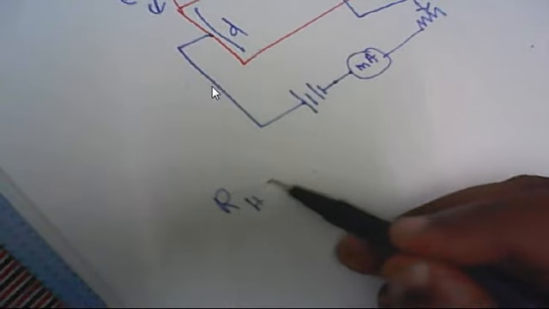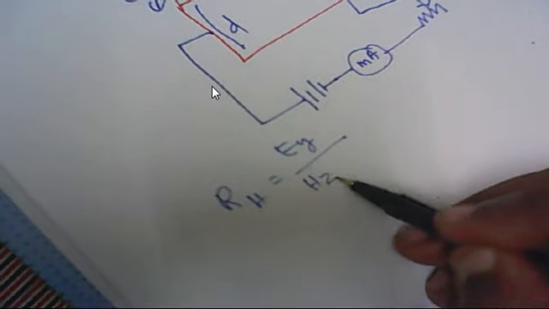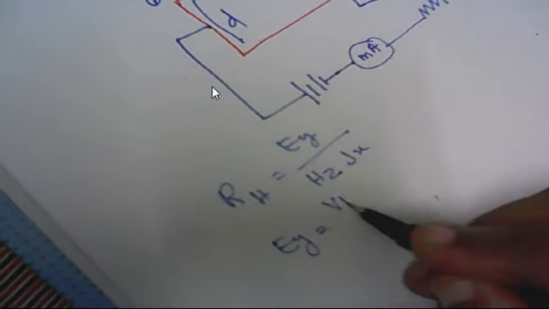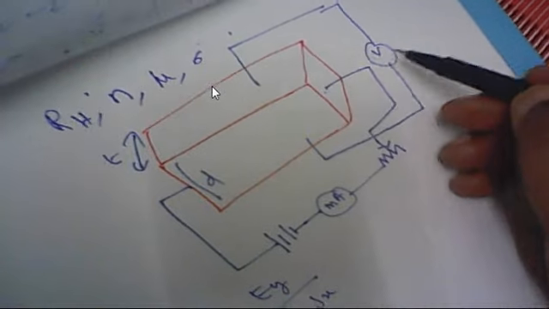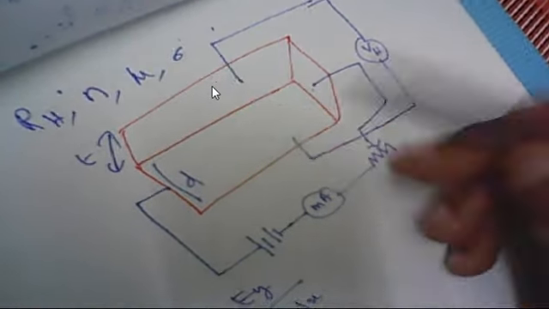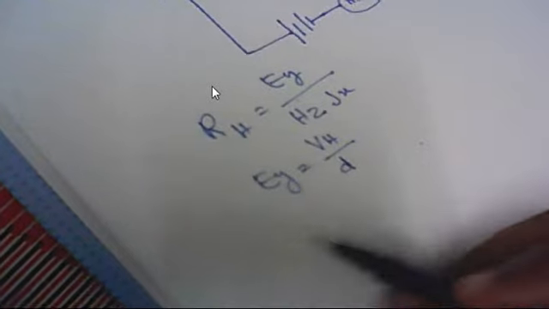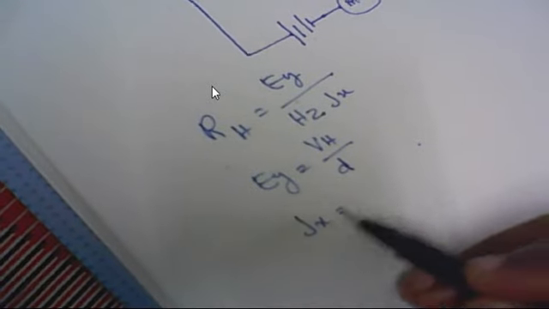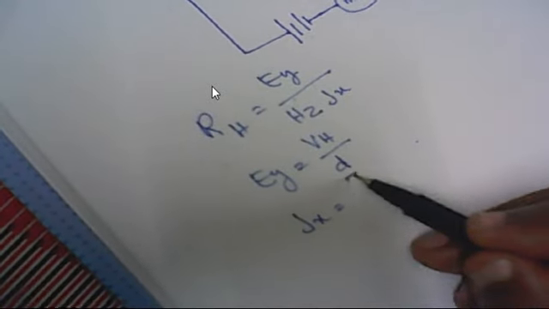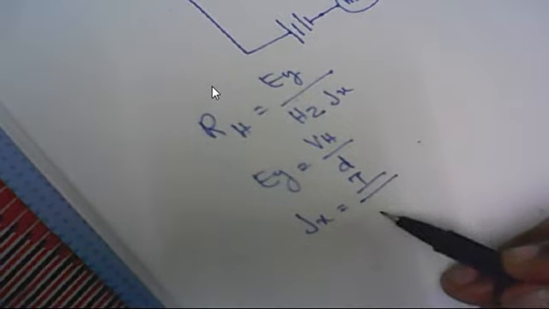So we have an expression R_H is equal to Ey by Hz into Jx. The Hall field Ey is nothing but V_H by d. Jx is nothing but the current density, that is current divided by area.